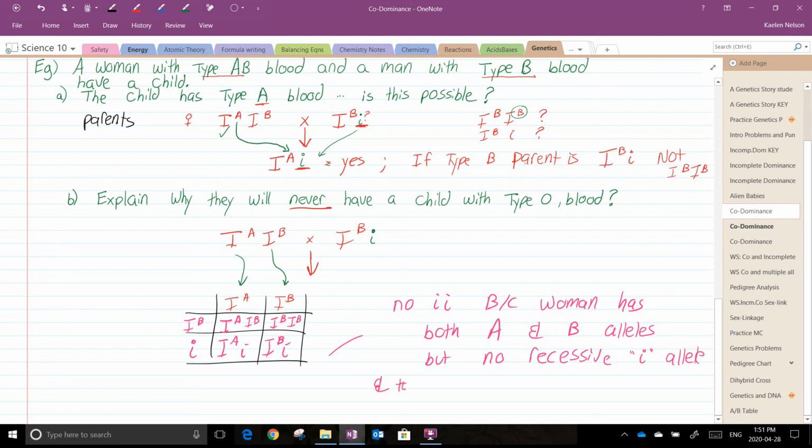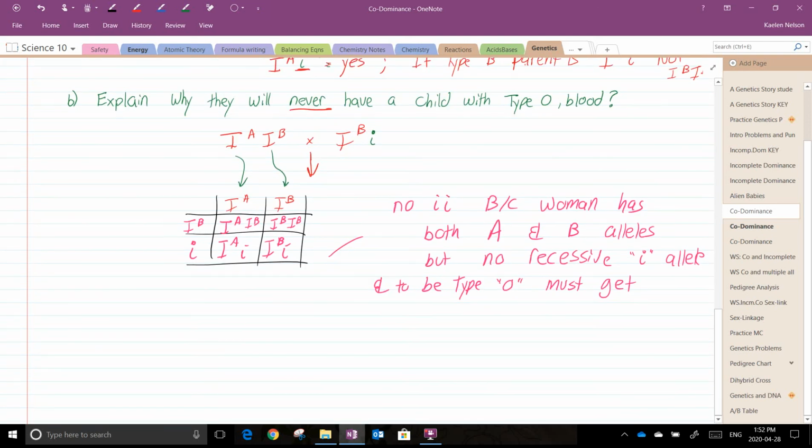And to be type O, you must get a little i from each parent. There we go. And now you can work on your worksheets on codominance and incomplete dominance.